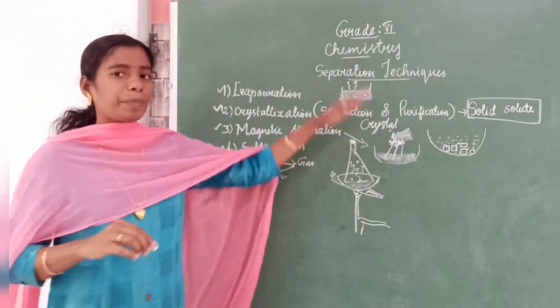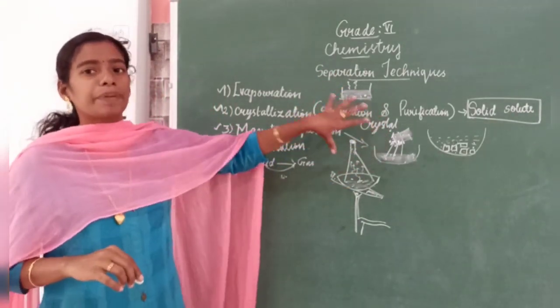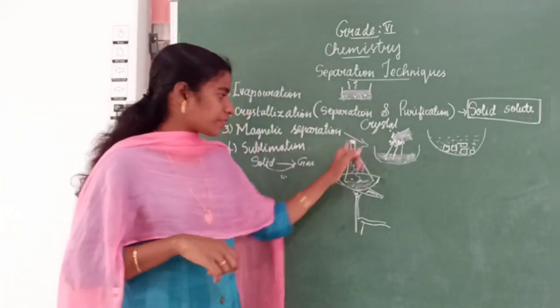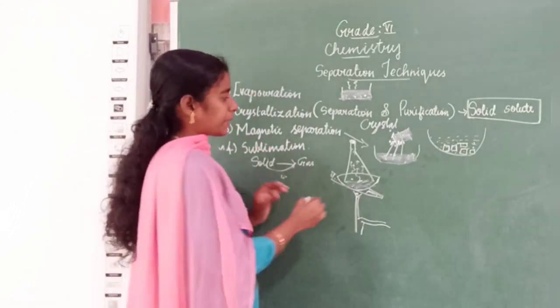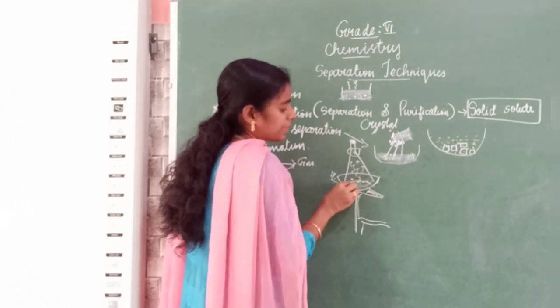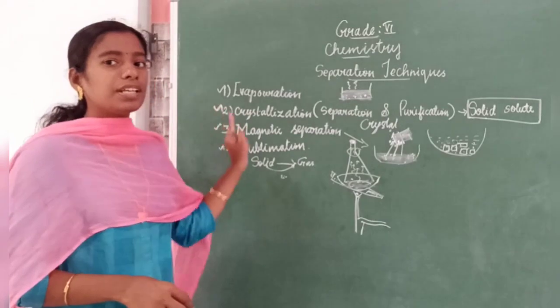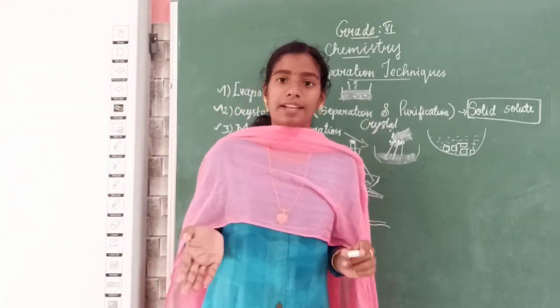From here it will evaporate, and when it reaches the area where there is less temperature, it will get deposited on the walls of the funnel as crystals. So now you have separated the ammonium chloride here and the sand is in the dish. Thus the sublimation is applied in separation techniques.